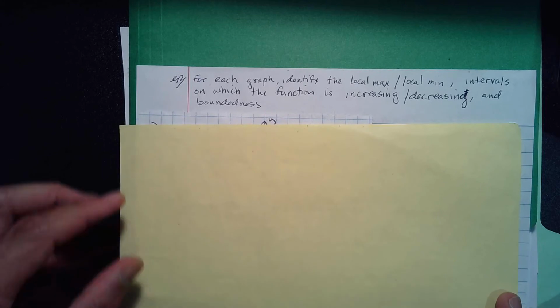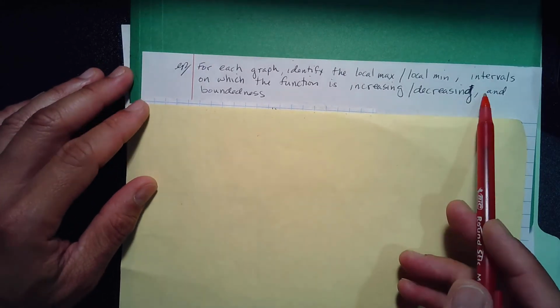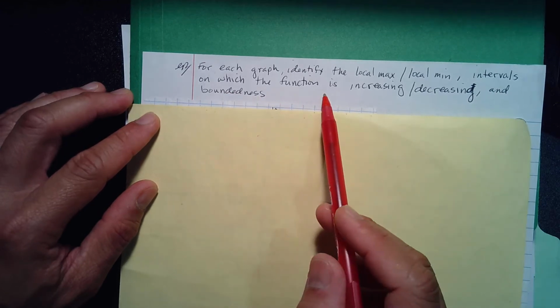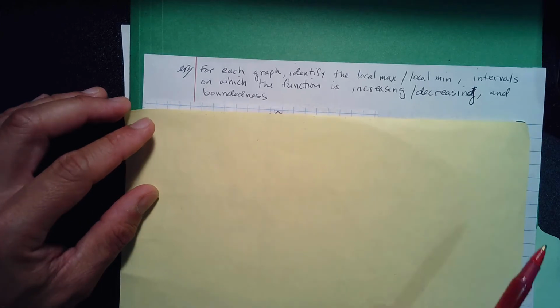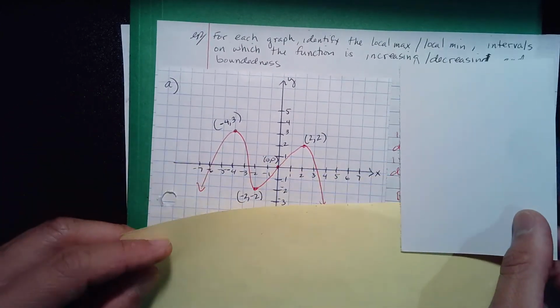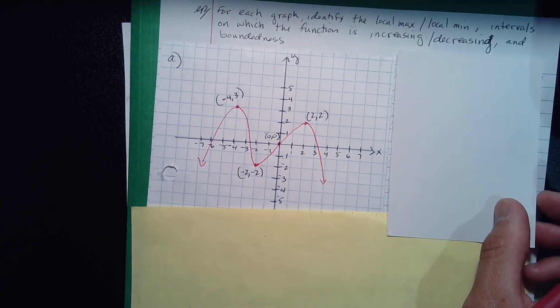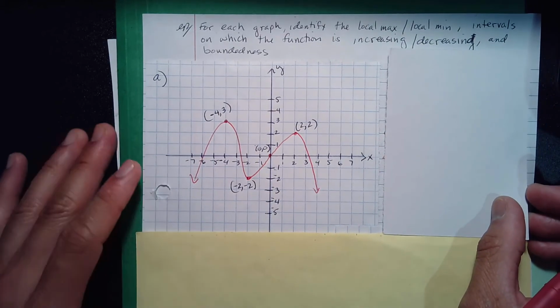Next concept: for each graph, identify the local max, local min, intervals on which the function is increasing, decreasing, and boundedness. So let's just go over the first one. If we look at this graph here, this is a function. It passes the vertical line test.